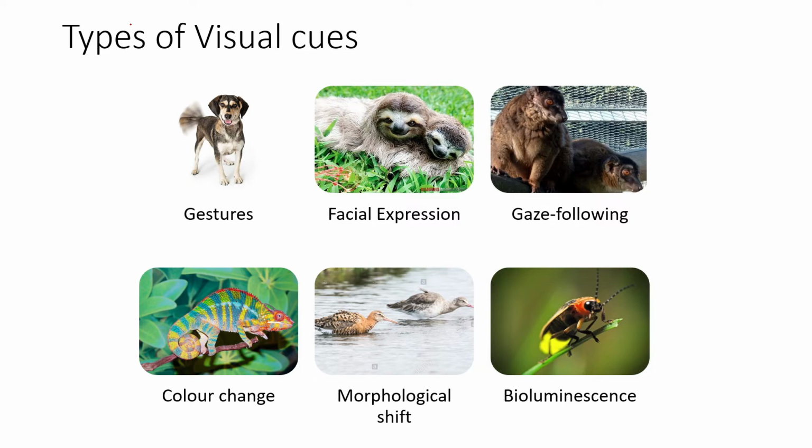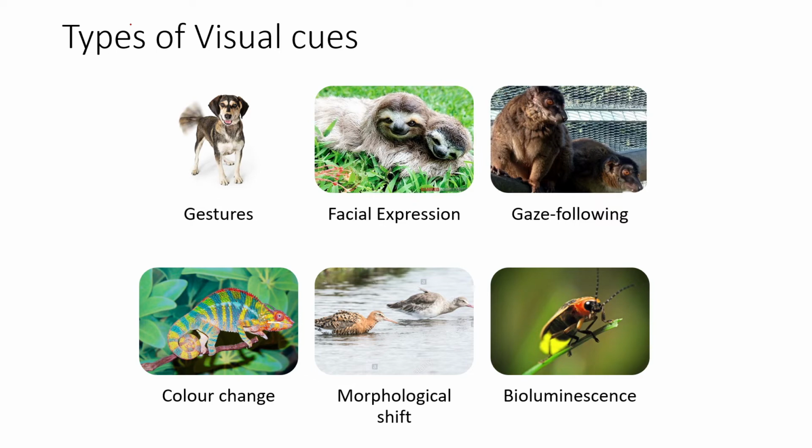Apart from that, there is gaze following. Gaze following is rare in some cases, but it is pretty prominent in social animals, where if someone is looking at something, gazing or staring at something, we tend to stare at that as well. We see the other person staring at it, so we also follow the person's gaze.